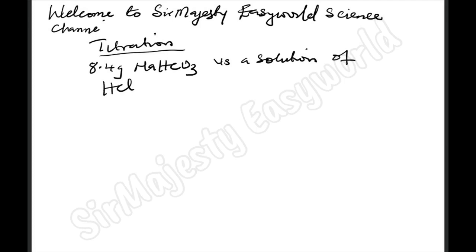HCl. The specification is that you should dissolve 8.4 grams of sodium hydrogen trioxocarbonate 4 per dm cube of solution.